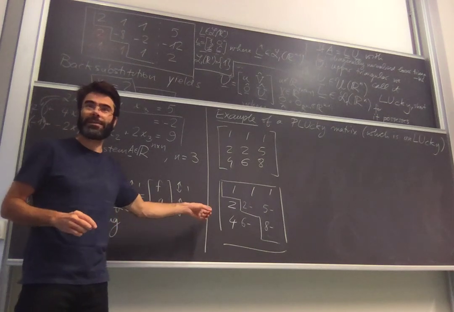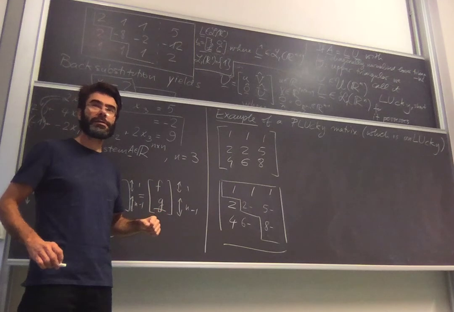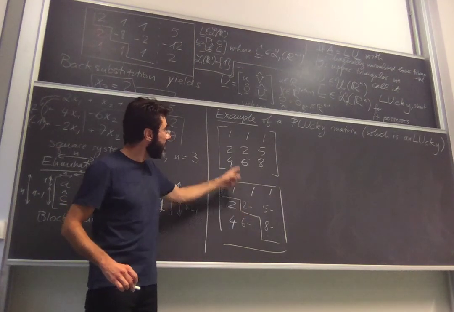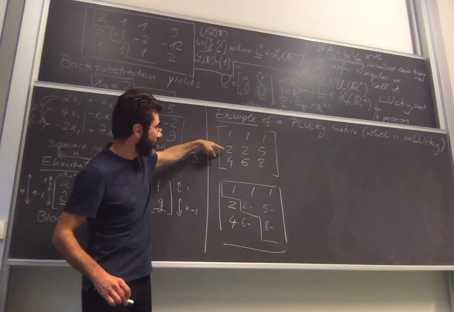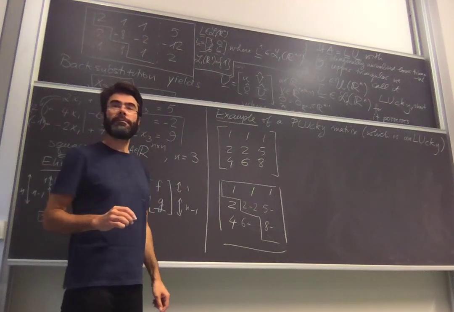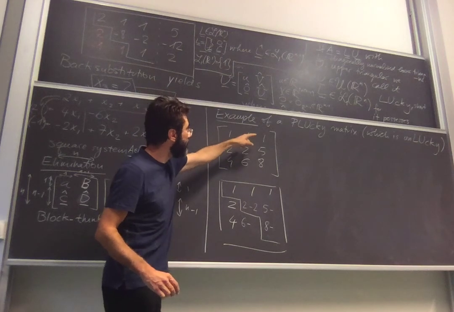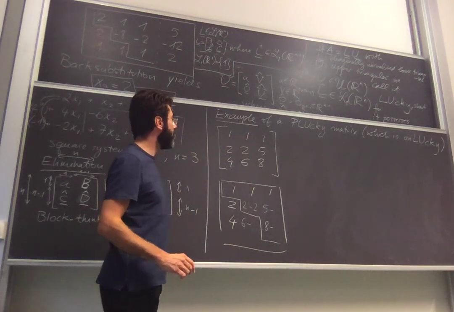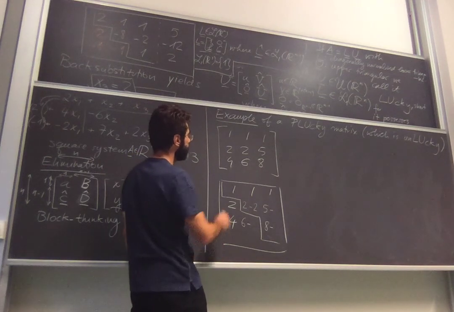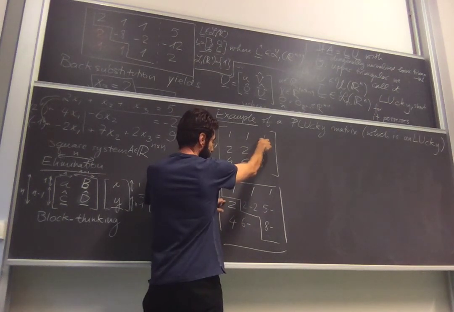On the board it's really nice to do this. On paper it's a bit harder. On the board you can route things. Then you have 2 minus, and now you have to multiply 1 by 2. 2 times 1 is 2.